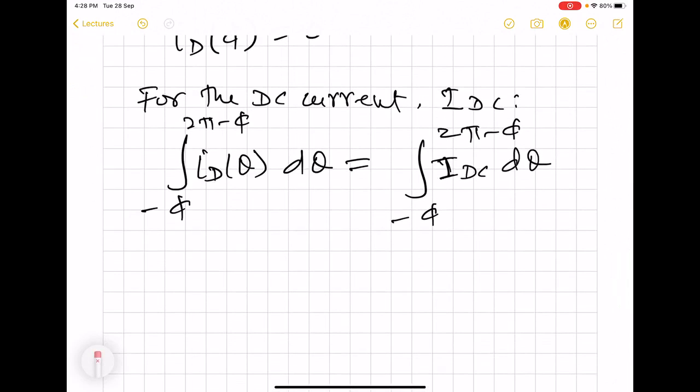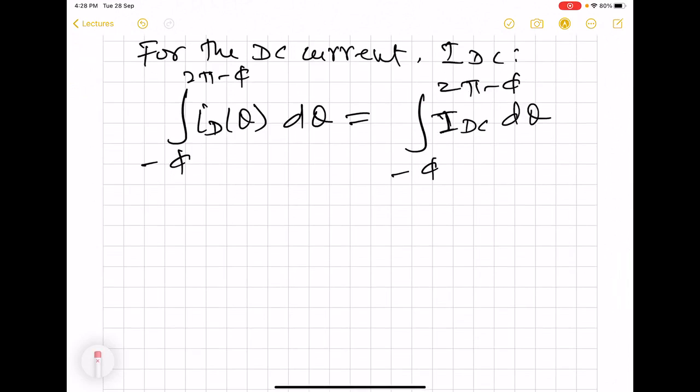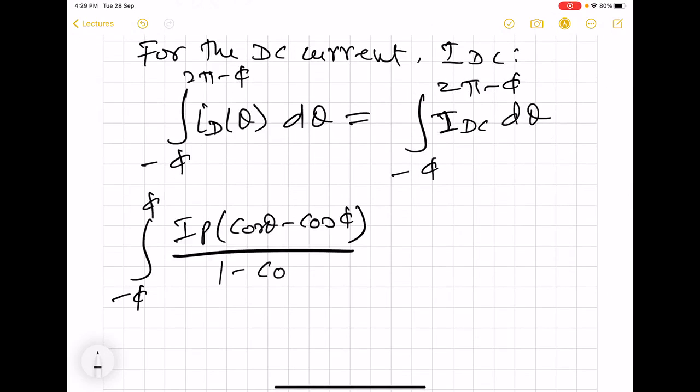Now we know that drain current is non-zero only over the minus phi to phi region, so this integration gets reduced to this range. And here we have IP (cos theta minus cos phi) divided by 1 minus cos phi, d theta, and this will be 2 pi IDC.